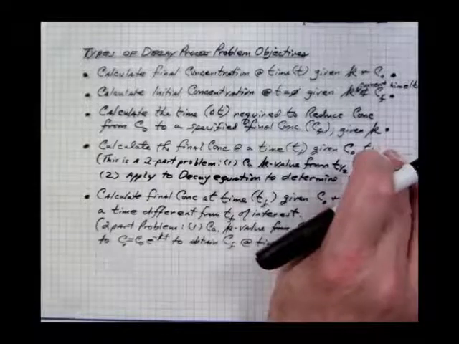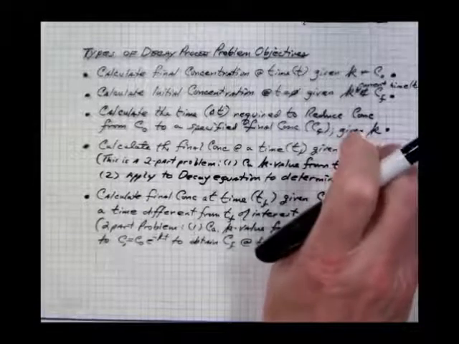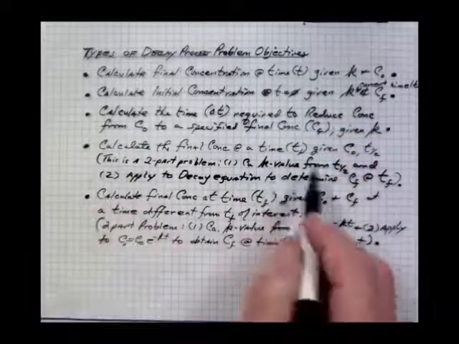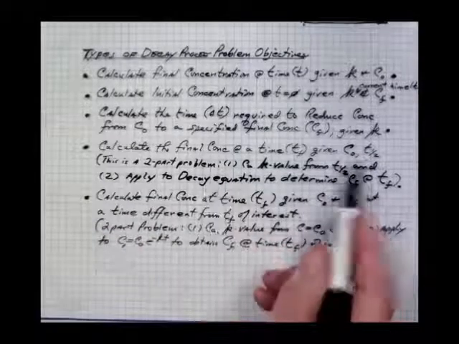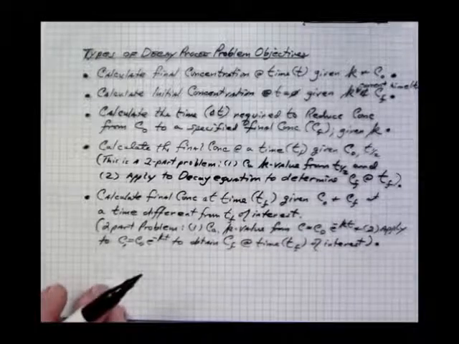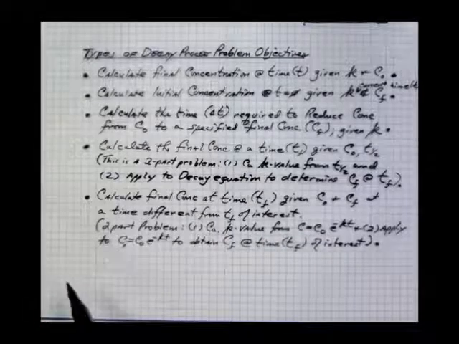That's the objective: a two-part problem, calculate K from the half-life and then apply this K value to a decay equation to determine CF, the C final.